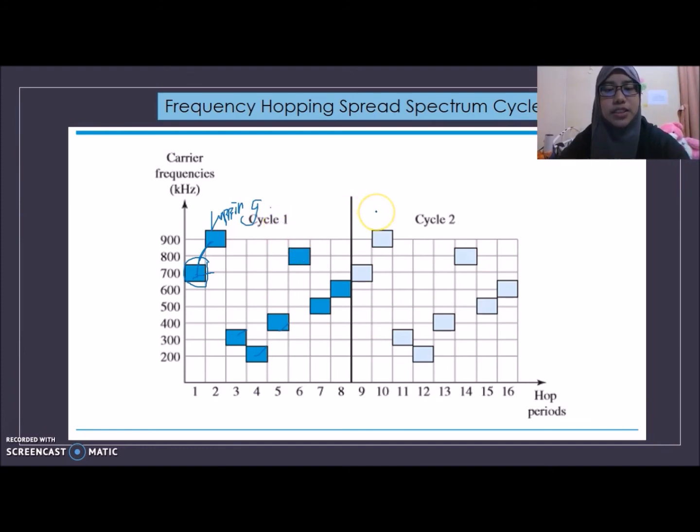This means that the intruder will get a headache, because he or she reads different data and cannot connect them to each other.